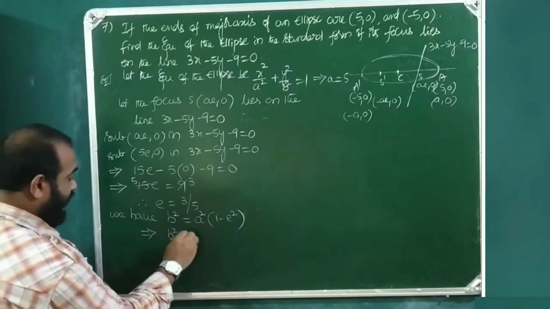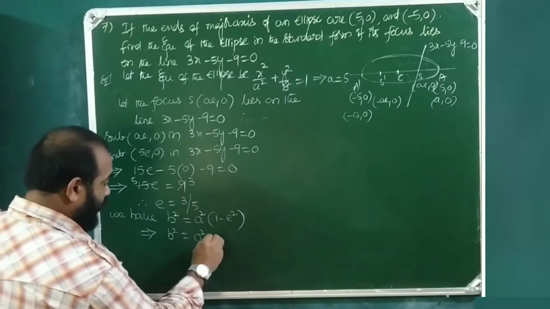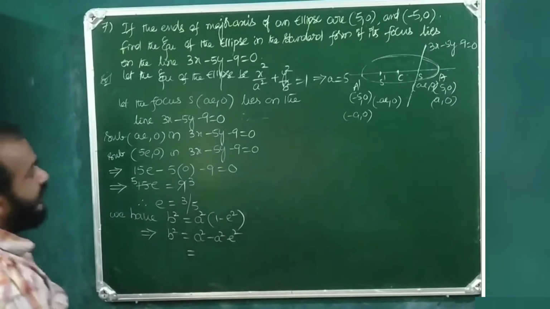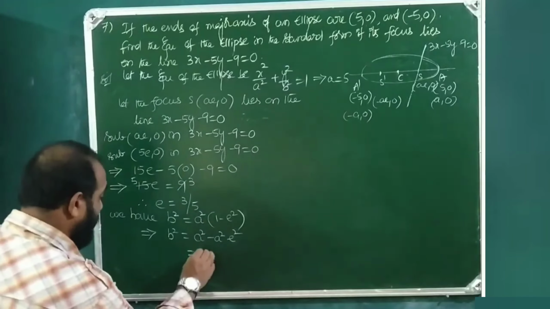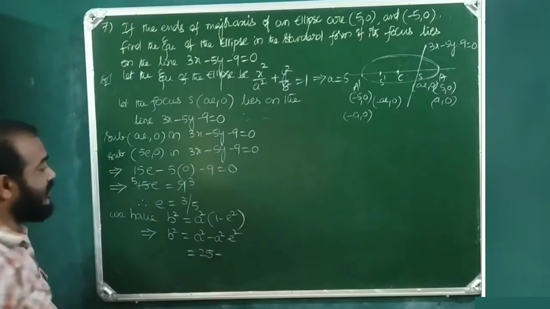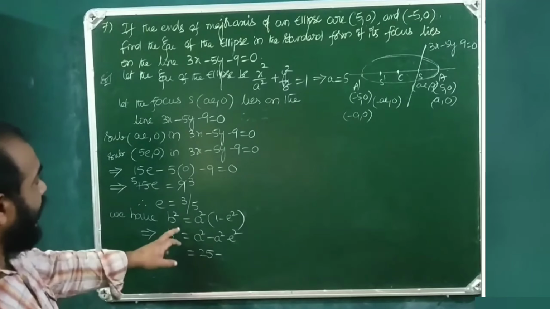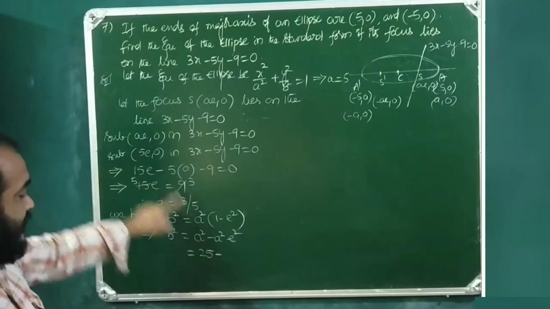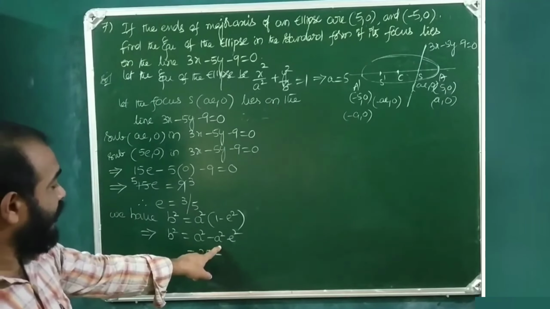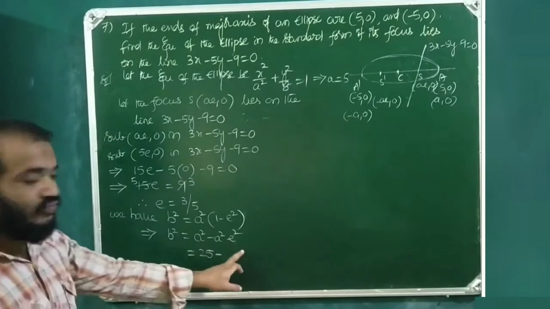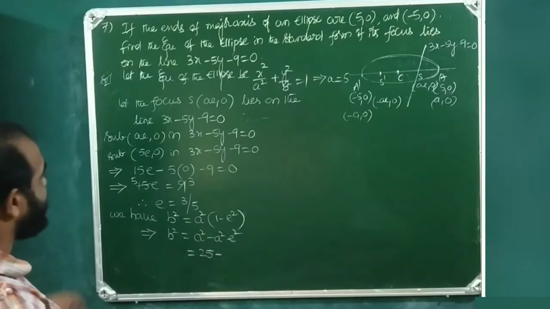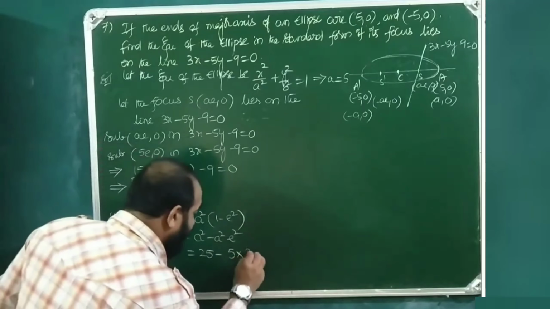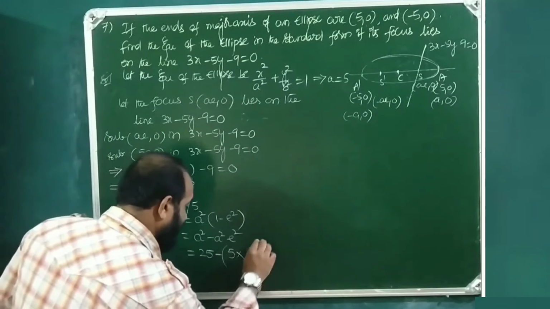So b square equals a square minus a square e square. The value of a square is 5 square, 25, minus (ae) whole square, since a square e square is nothing but (ae) whole square. a is 5, e is 3 by 5, whole square.